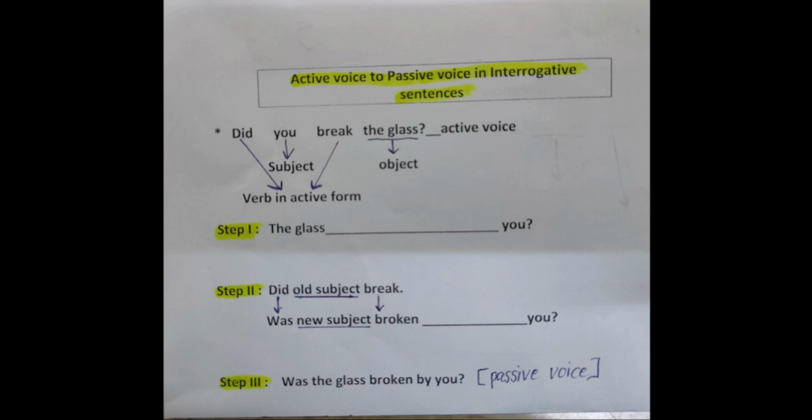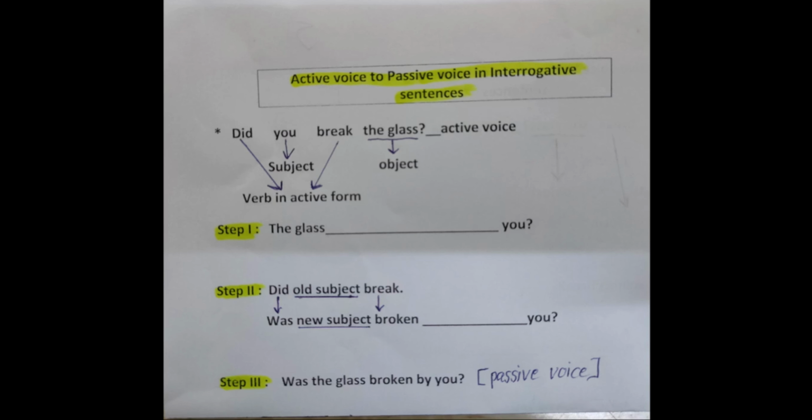So now, the glass comes in the beginning of the sentence and you go at the end of the sentence. Here the glass has become the new subject while you has become the new object.